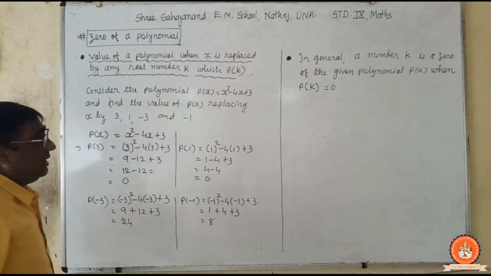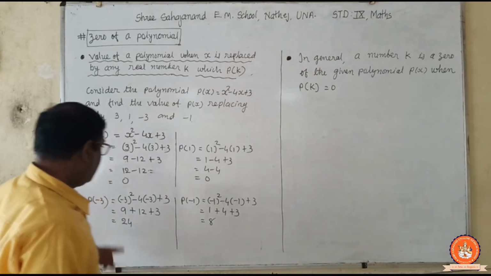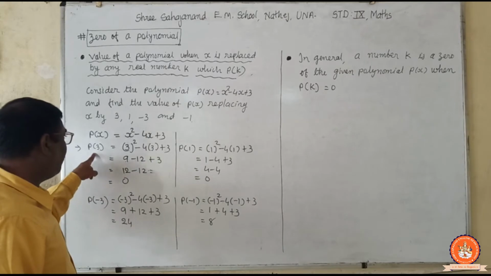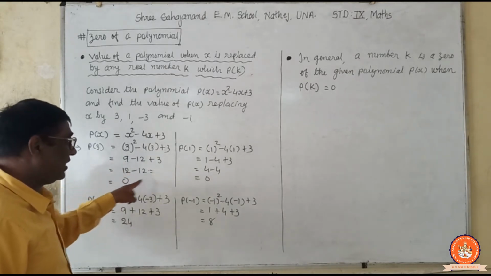Now here in general, we get the value of polynomial is equal to 0 here and 0 here.